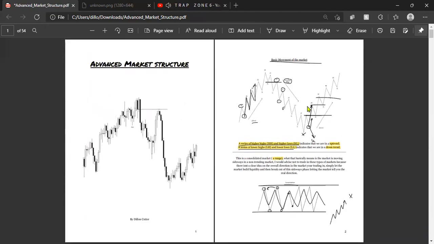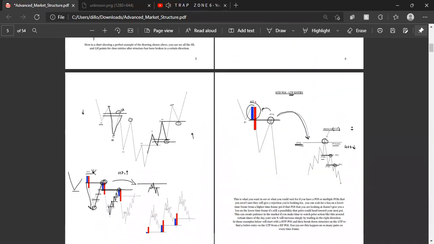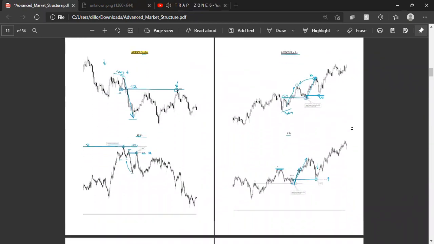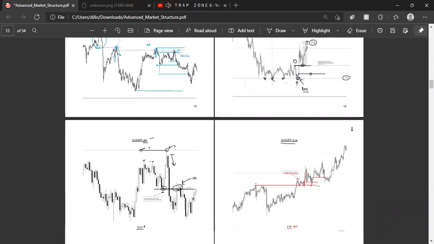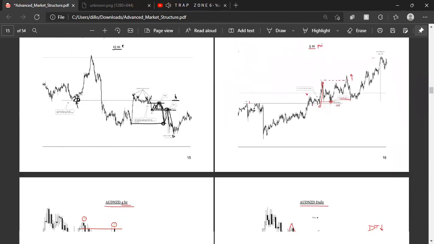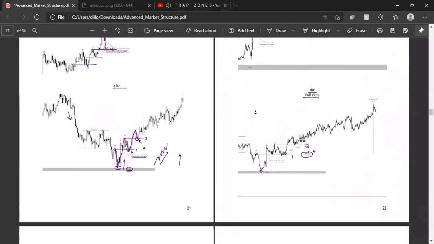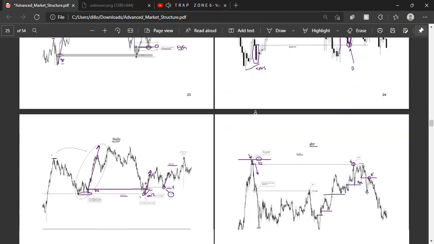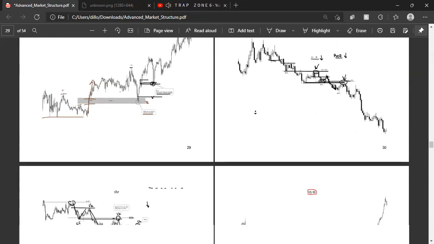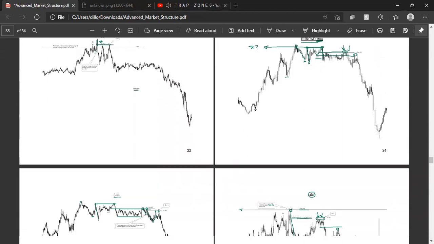From start to beginning, we went over in super depth advanced market structure. So some of you guys should be gurus by now, especially after watching all of this, right? Because I want you guys to note one thing that is in every single one of these examples.